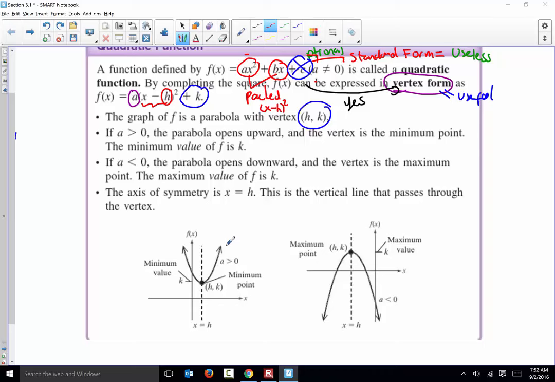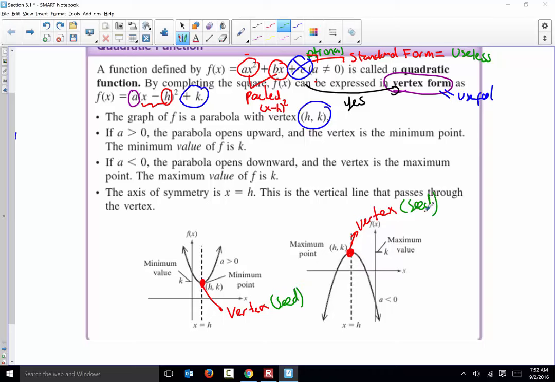One is two arms going up, so it has a minimum point, a very deep down point, or two arms going down, an upside down U, upside down parabola, and then we have a maximum point. These two points are called the vertex. This is called vertex, and that's called vertex. But I call it seed.